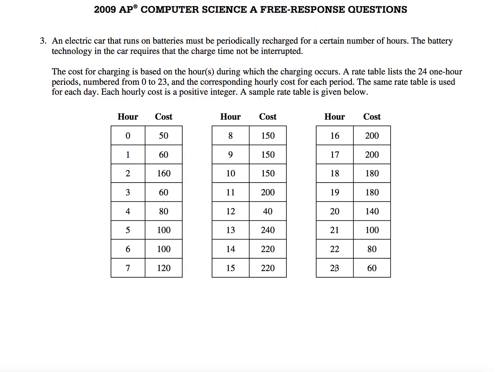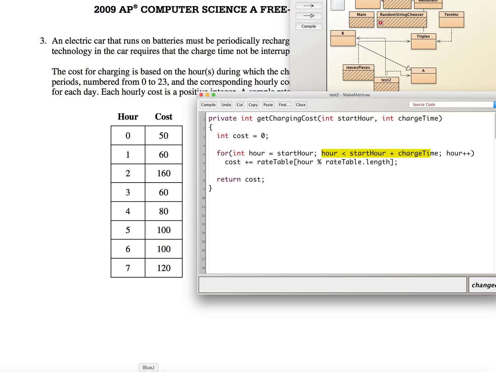But of course, when we go past 23 to 24, that gets us back to 0, right? So what we want to do as we're incrementing our counter, we want to mod by the length of the rate table, which is 23. And then in the end, after we sum them all up, we can return costs and we're good to go, right?